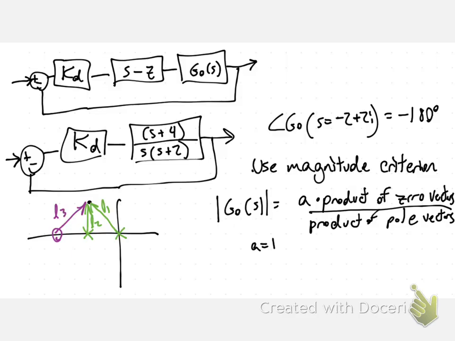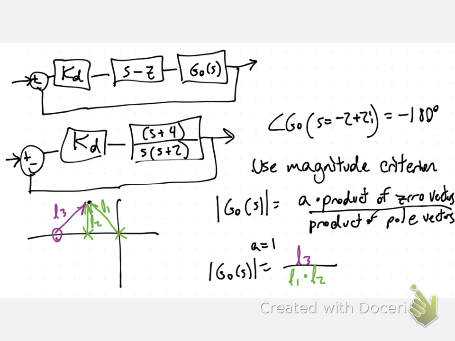So we can say that the magnitude of GO of S is equal to 1, since A is 1, and L3 is a 0 vector, so we'll put that on top. And we had green for these, so we have L1 times L2 are our pole vectors, so we'll put them on bottom.